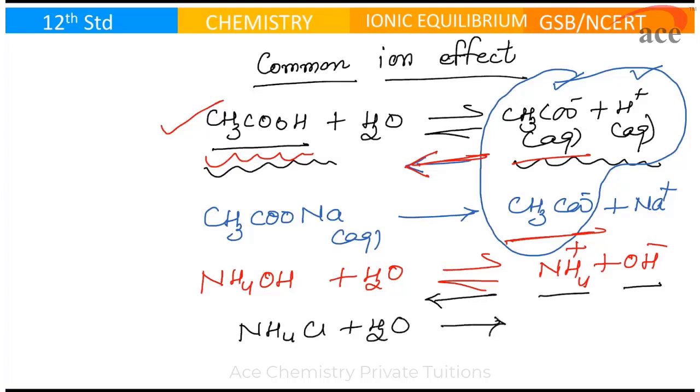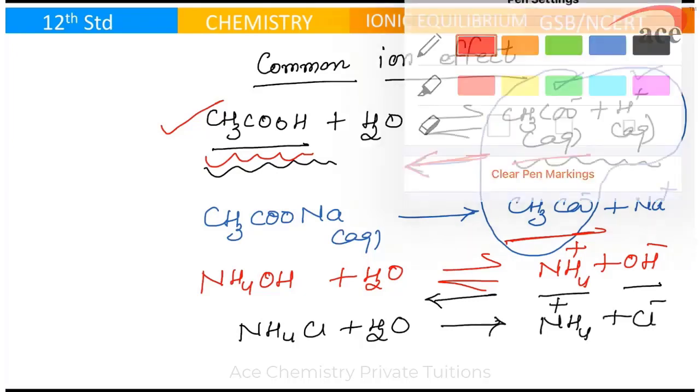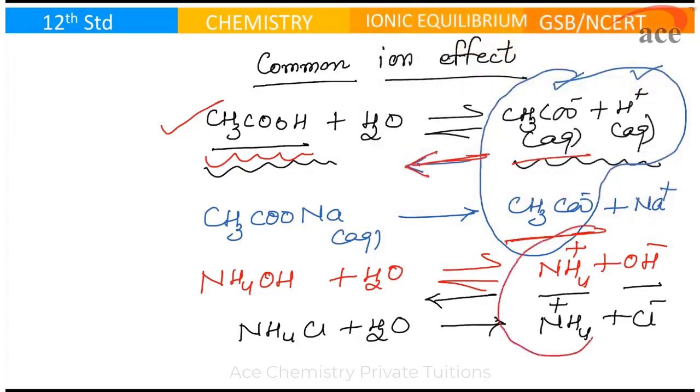When you put ammonium chloride, you get ammonium. Which ion is common? And ammonium excess will combine with OH minus, shifting equilibrium in backward direction. And by doing so, it is reducing dissociation of ammonium hydroxide.